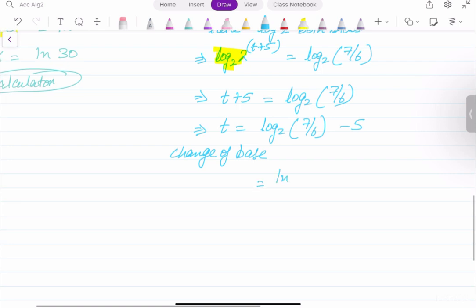So if I change the base, it will be ln of 7/6 divided by ln of 2, minus 5. And then use your calculator.